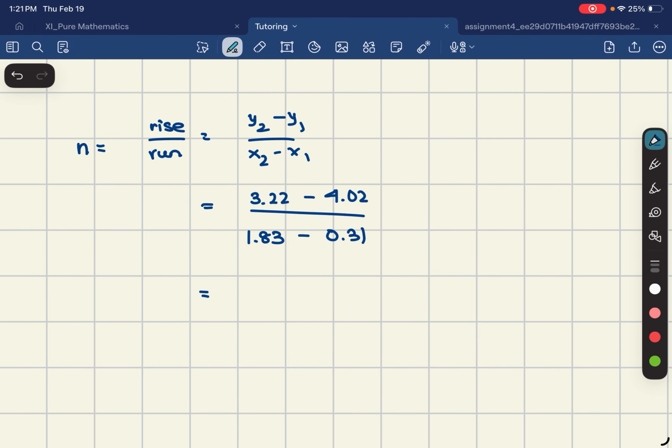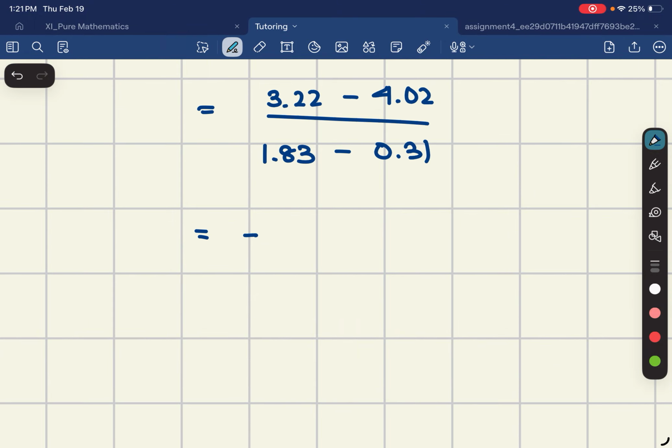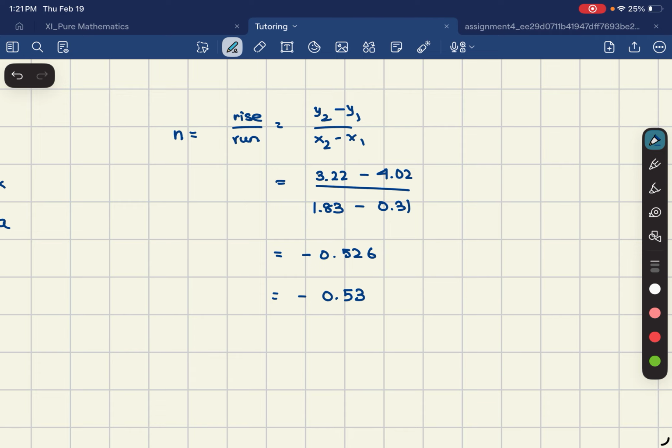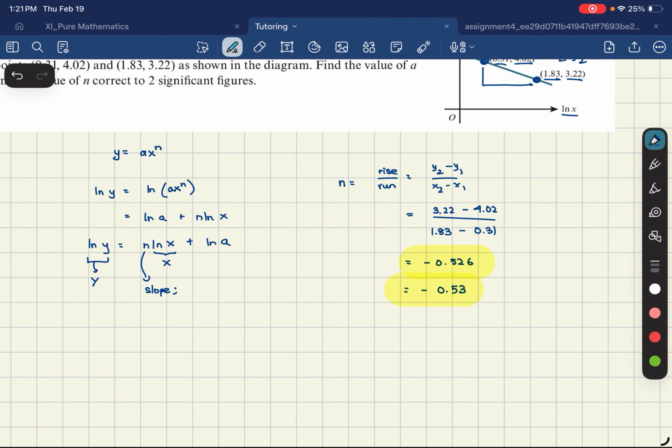And when you do the calculation, 3.22 minus 4.02 divided by 1.83 minus 0.31, you get negative 0.526 to 3 significant figures. Actually, the textbook has quoted it to 2 significant figures, so let me just leave it at negative 0.53. So this is to 3 significant figures, this is to 2 significant figures. So that is the value of your n.